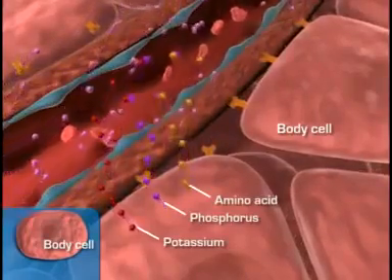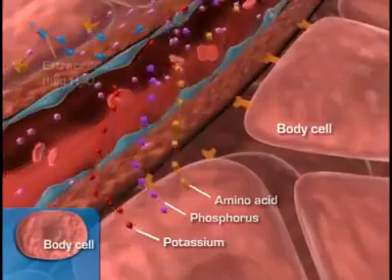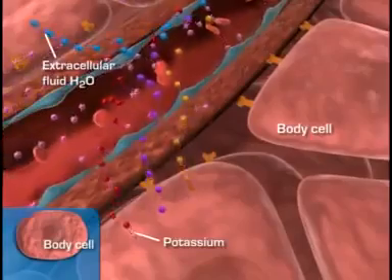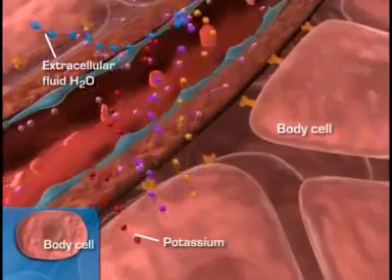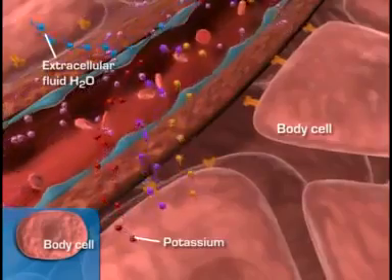As osmotically active molecules of glucose remain at elevated levels in the blood, an osmotic effect between intracellular and extracellular fluid leads to severe fluid loss. Called osmotic diuresis, this dehydrating effect draws excessive fluid from the cells.